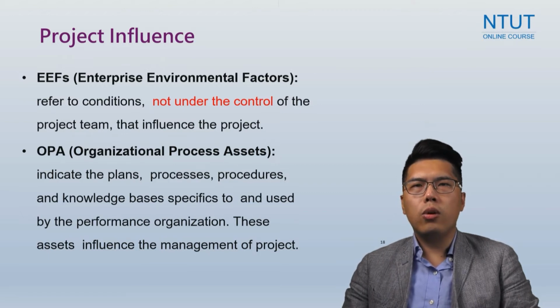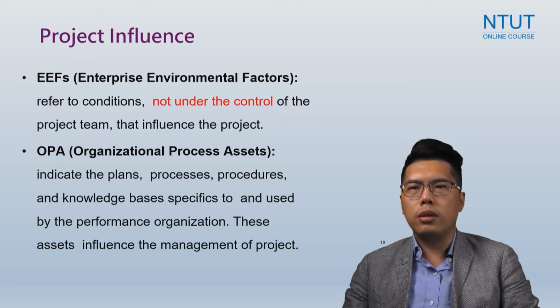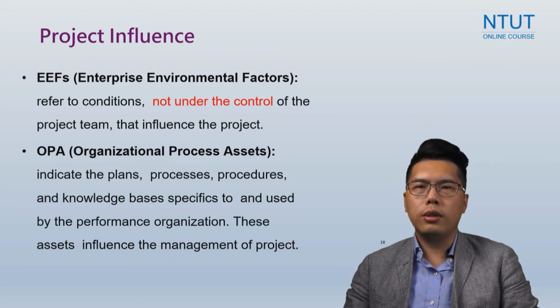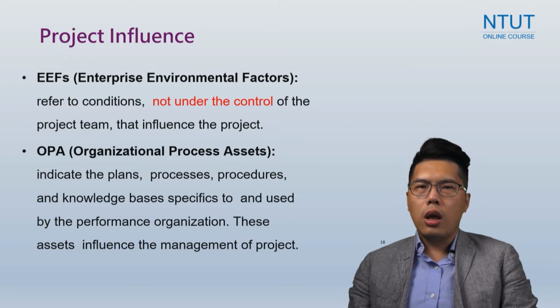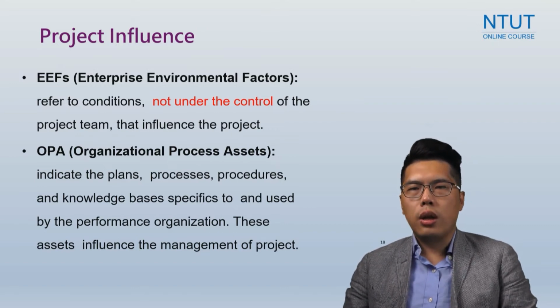And the OPA is the organizational process assets. This indicates the plans, the processes, the procedures, and the knowledge basis specific to and used by the performing organization. These assets influence the management of the project.